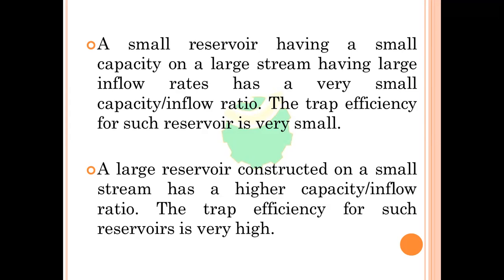Inflow is high because the river is big, so inflows are more, say 30. So what is the capacity inflow ratio? 50 by 30. So automatically it gives a less value. The trap efficiency is also less because the capacity inflow ratio is less.